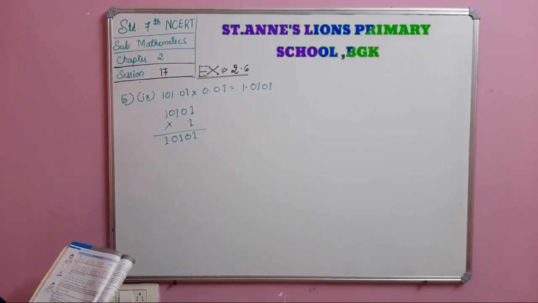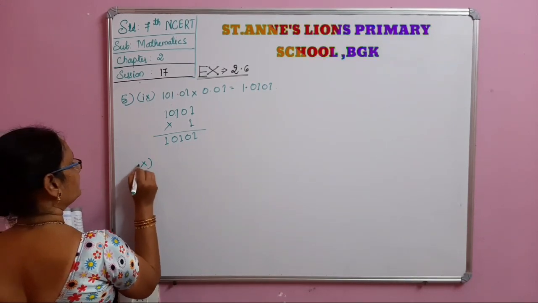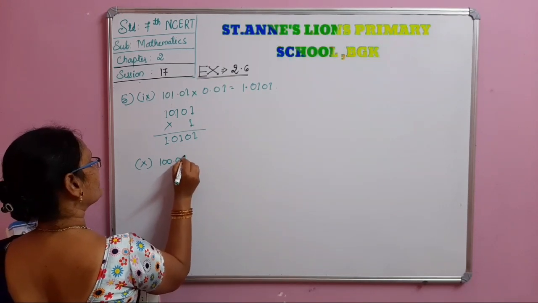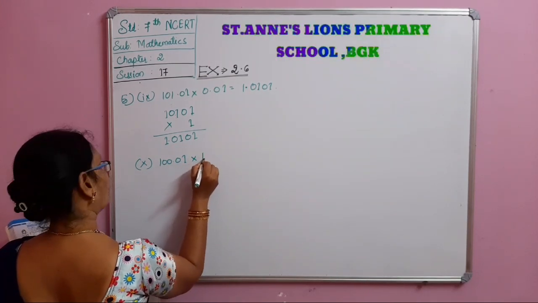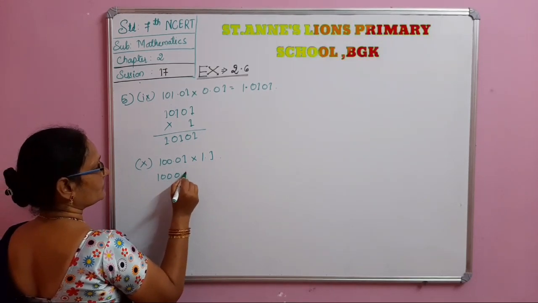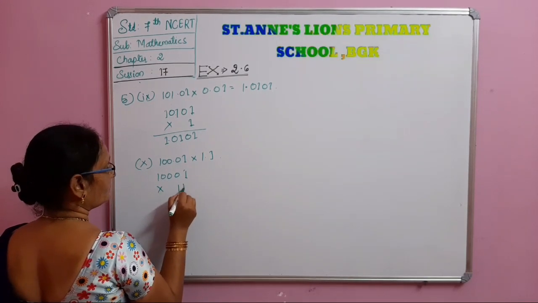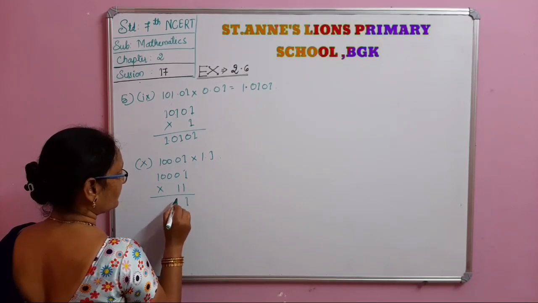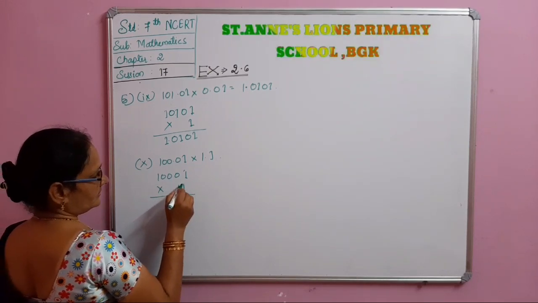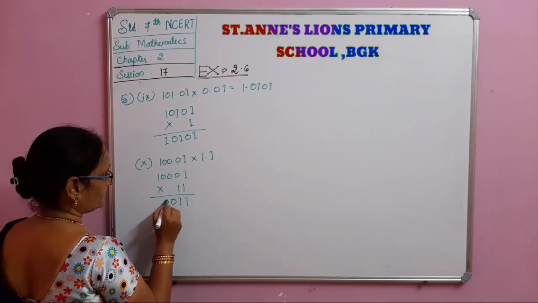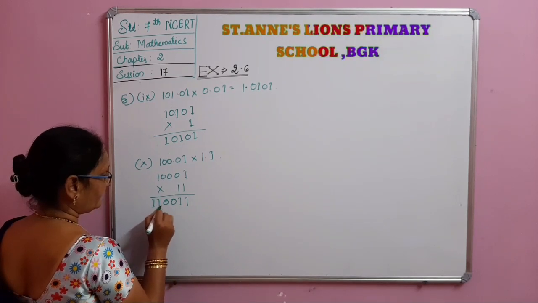Next, the last one, 10th one. 100.01 into 1.1. 10001 into 11. 11 ones are 11 carrying 1. 11 zeros are 0. 0 plus 1 is 1. 11 zeros are 0. 11 ones are 11.